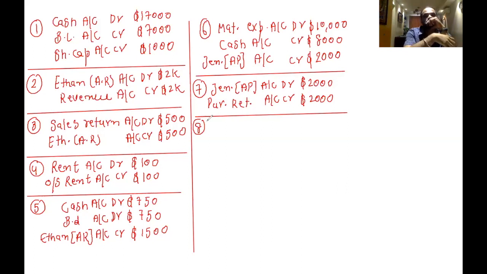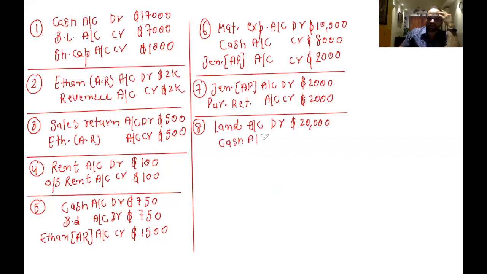So we have discount received credit for 2,000, so the total is 20,000. Land account debit 20,000, cash account credit.